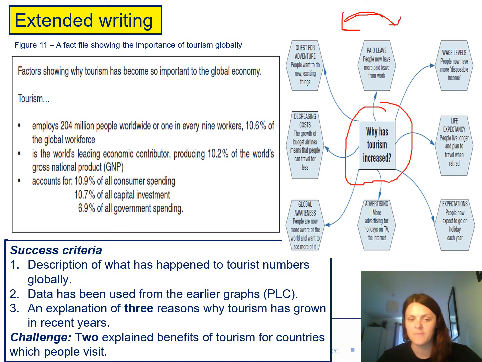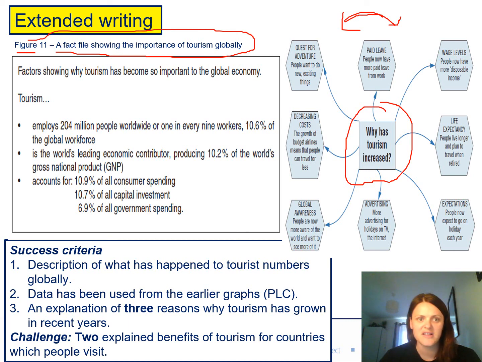We looked at those, and you decided which was the biggest reason. So here in figure 11, it shows a fact file showing the importance of tourism. So why is tourism important around the world?